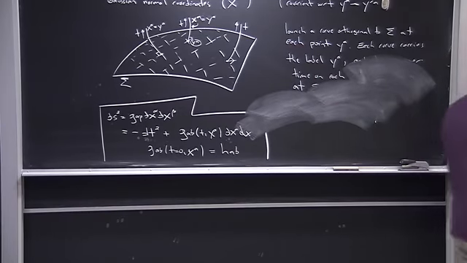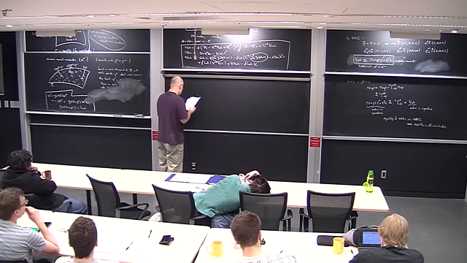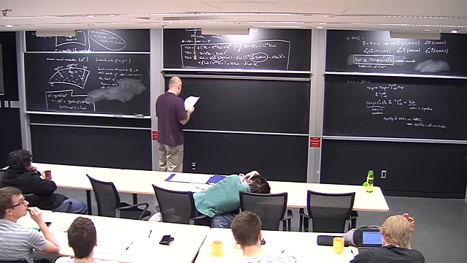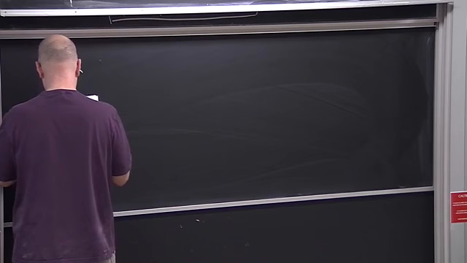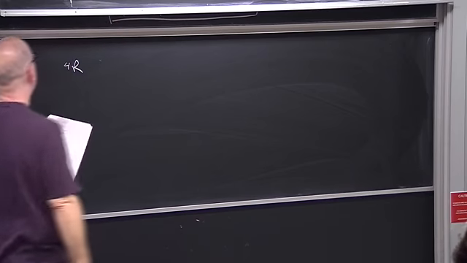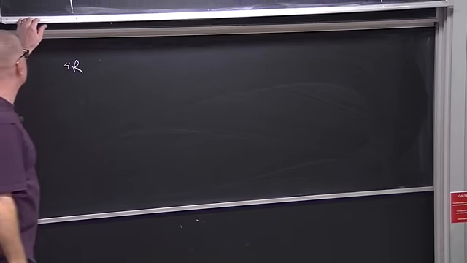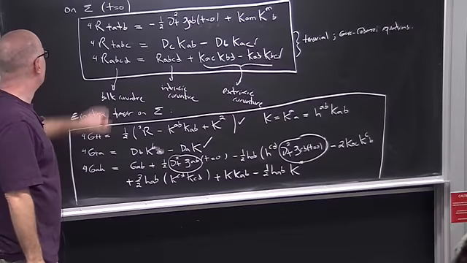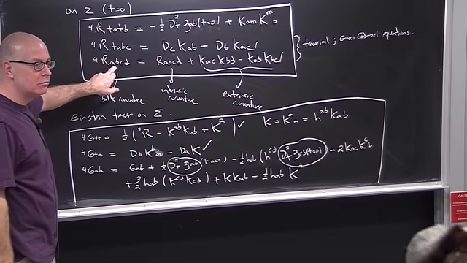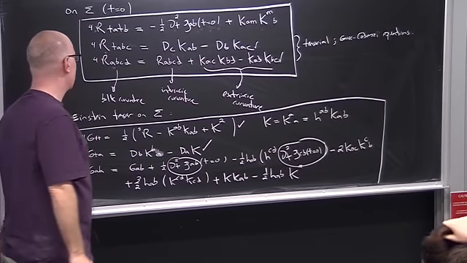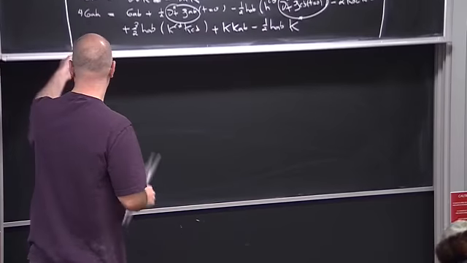Let's do it here. Well, it's pretty easy to do. I need a covariant expression that represents the left-hand side here and the left-hand side there. So I'll just write it down. I think you'll recognize it right away.